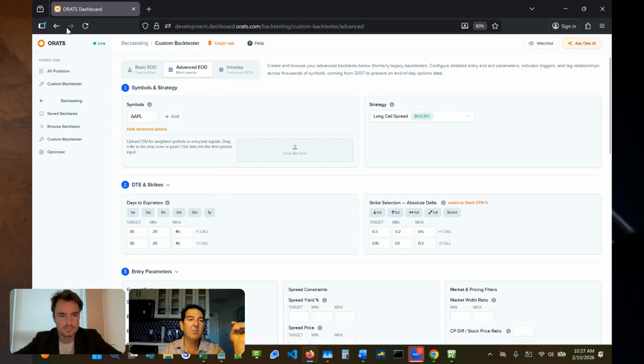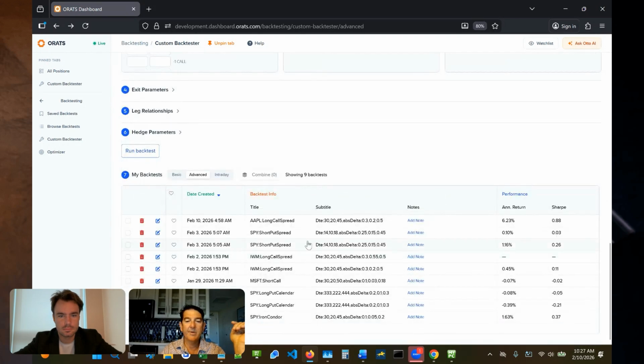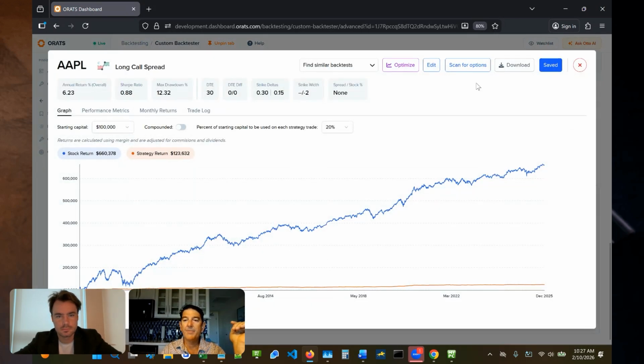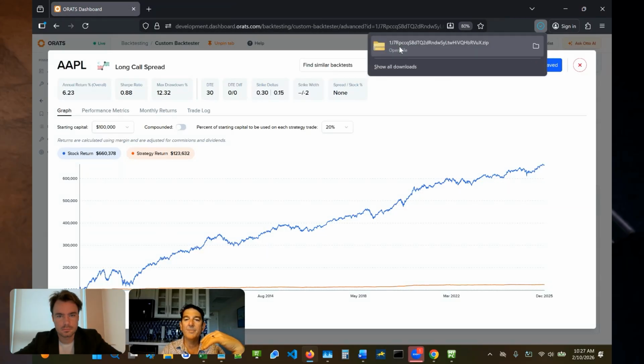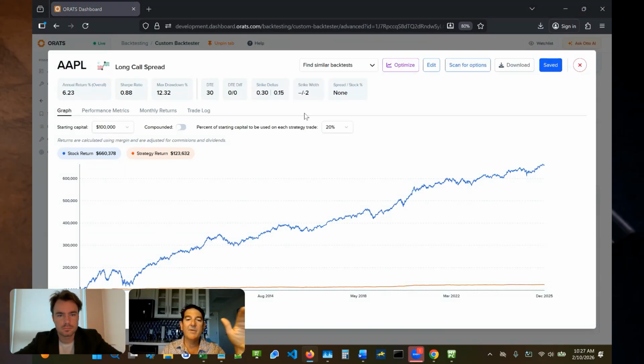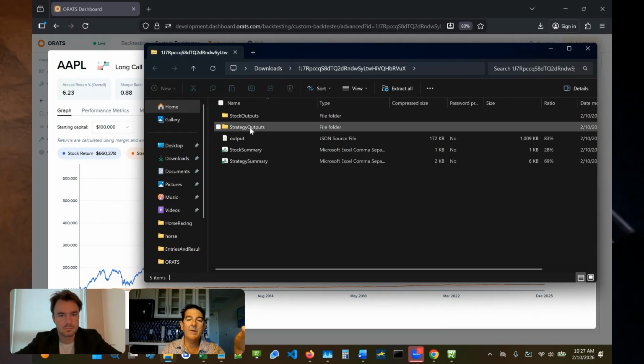All right, so we're almost done with the buttons for this. And now you could download all of these tests and open them in Excel.